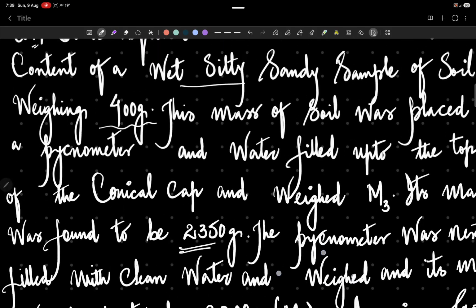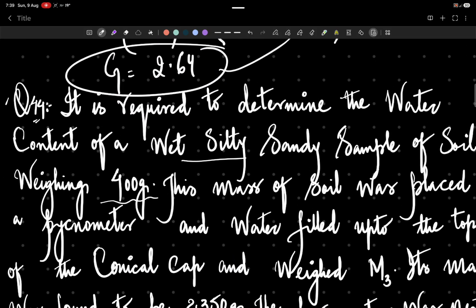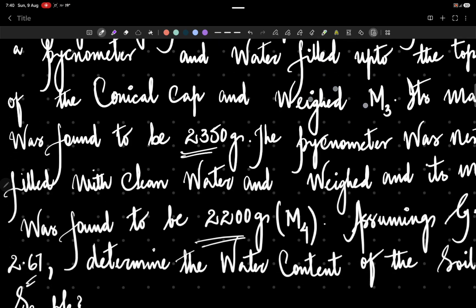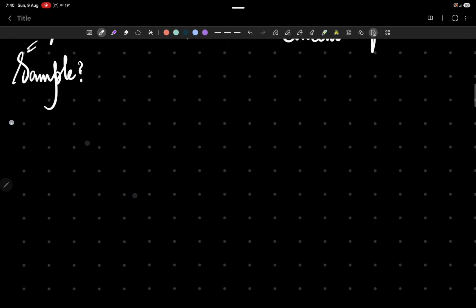Alright, so this question is based on the picnometer method for water content determination. So I'll be solving this question. The generalized equation or the formula for the determination of water content by this picnometer method is this.